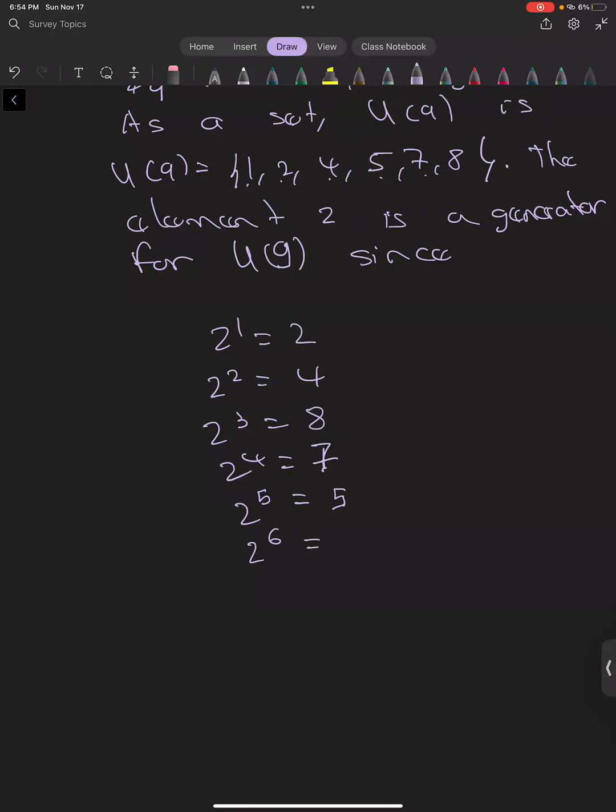Modulo 9, 7 times 9 is 63, so modulo 1. So you see the order of 2 is 6 in U9.